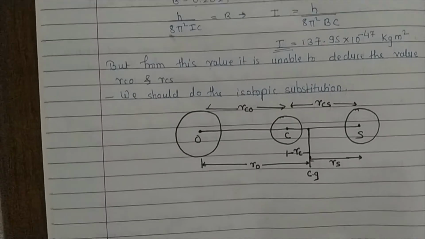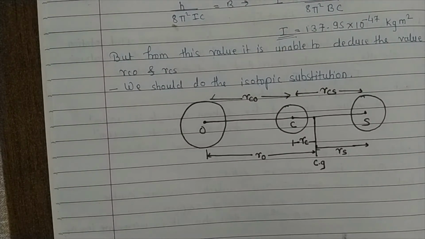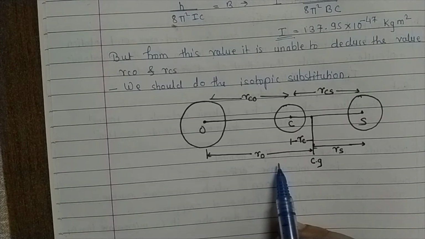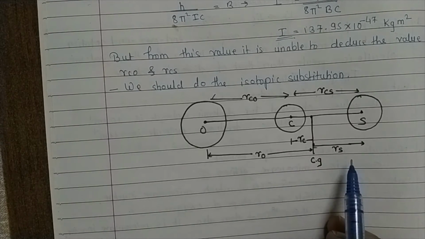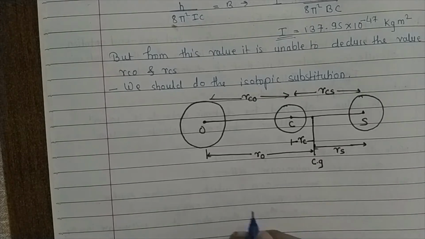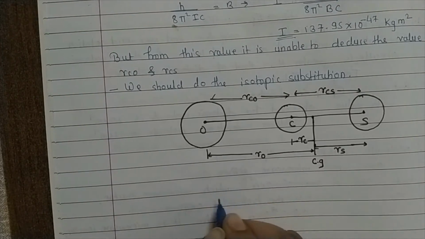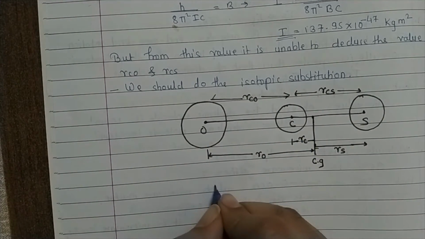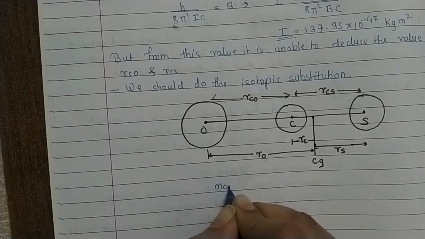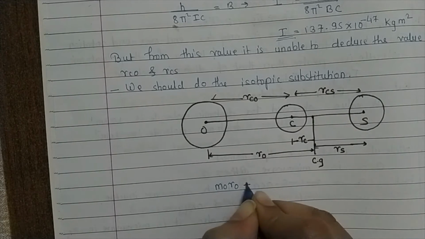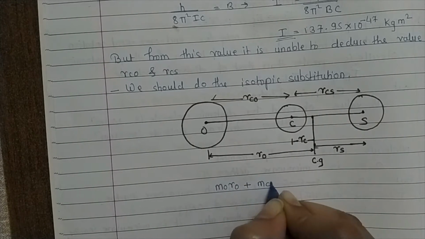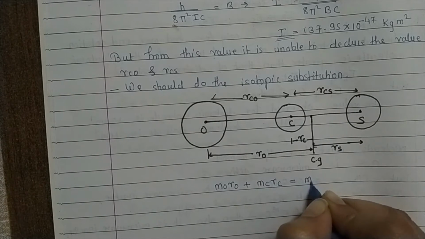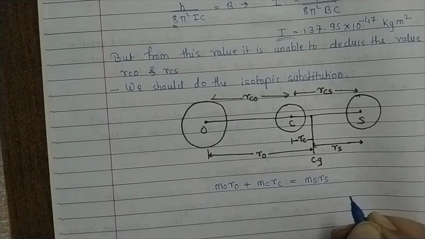Okay, so we know that at the point of center of gravity, this mass into radius is equal to this mass into radius. But here at this side there are two atoms, that is oxygen and carbon. So MO RO plus MC RC is equal to MS RS.